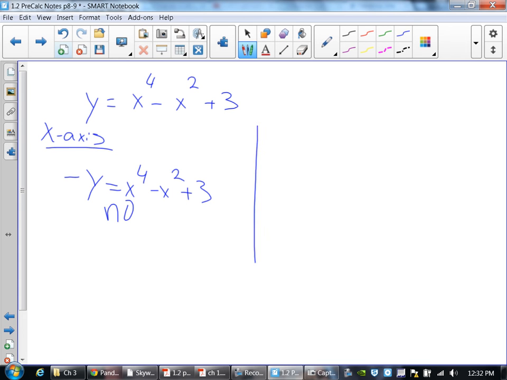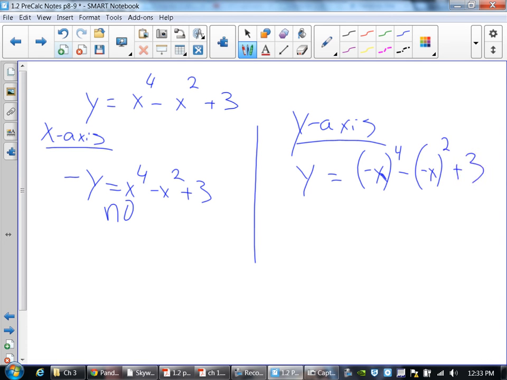So when I test the y-axis, I change the x's. Well, y equals negative x to the fourth minus negative x squared plus 3. And just like he said a second ago, when you have a negative value raised to an even power, what will always happen?